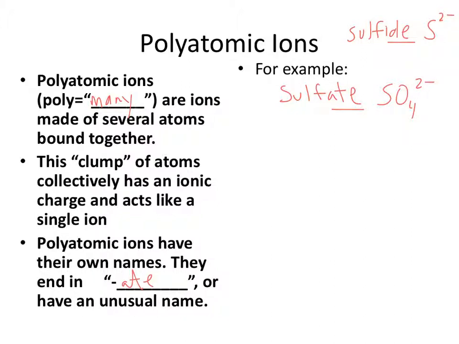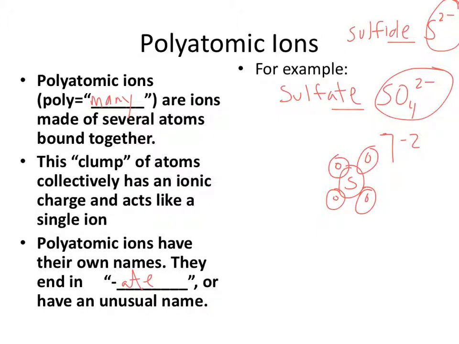So what this means is we have a sulfur atom bonded to 4 oxygen atoms. And overall, this structure has a 2- charge. So it's going to act like a unit. So just like if you have just the S2-, with this SO4 2-, the 2- is what's going to dictate how it bonds and how the ionic compounds form with it, not the structure itself. So the 2- is what's going to dictate it more, not the SO4 part.